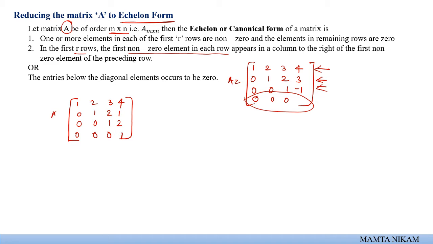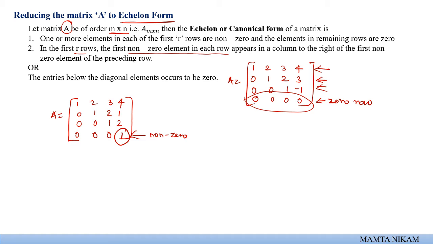Next, if you observe the difference, there is a non-zero element in the last row. If there exists at least one non-zero element in a row, that row is considered a non-zero row. And if all elements in a row are zero, such a row is known as a zero row.